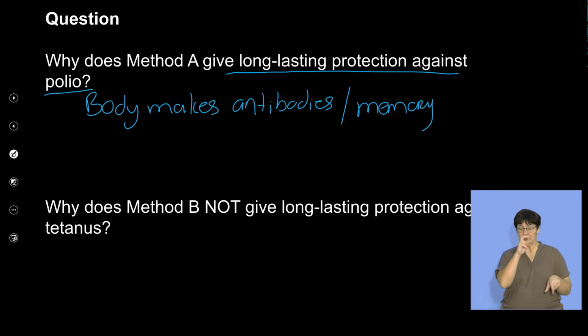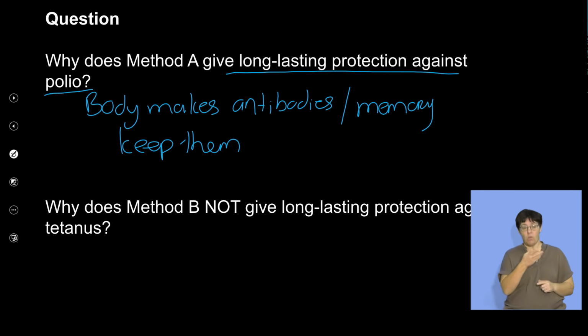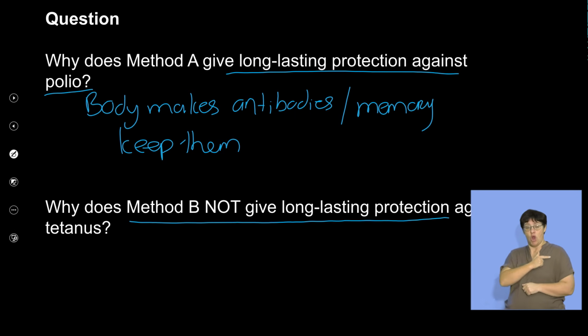So when we get a vaccine, it's going to stay in our body for a long period of time. That's long-lasting protection. Our body makes the antibodies and we keep them. They're there in case we need them.